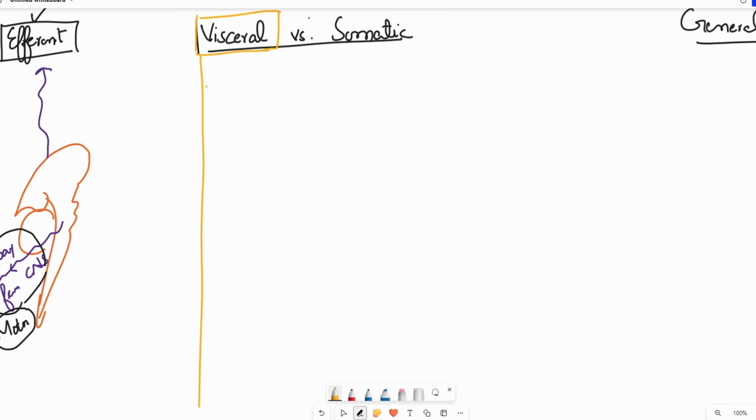So visceral, as the name indicates, the viscera, it means it is related somehow with the viscera. So basically the visceral nerve fibers are either taking information or giving orders to the deeply seated viscera, or we can simply say that they are involved in innervating the deeply seated viscera.